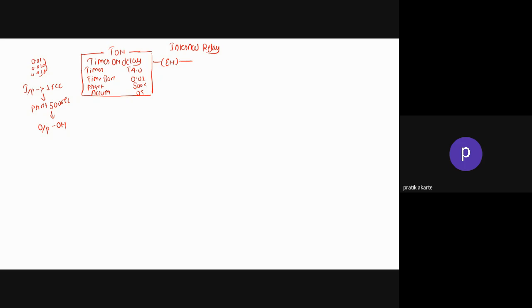Once your timer starts timing, the enable bit is on. That means at the first second when we push the switch, your enable bit will be on. Then the timer starts timing, and the accumulated value goes up to the preset value of 500 seconds.